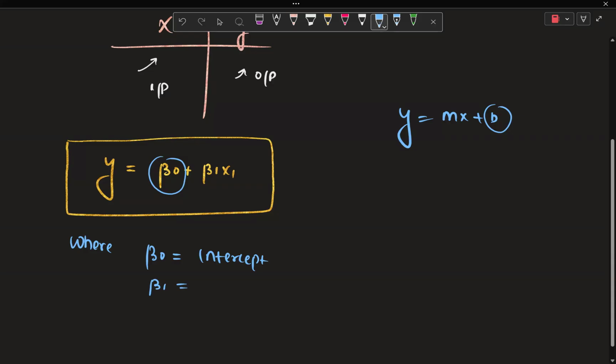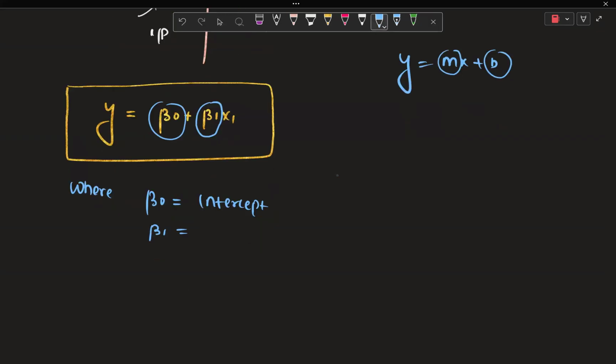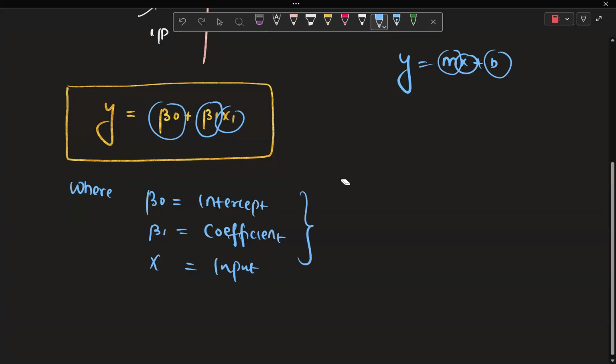Here you have m, and what do you have here? Beta 1. Okay. So beta 1 is called the coefficient. In place of x, you have x1. This is called what? Input. This is the equation of a straight line, and this is the equation of your simple linear regression.